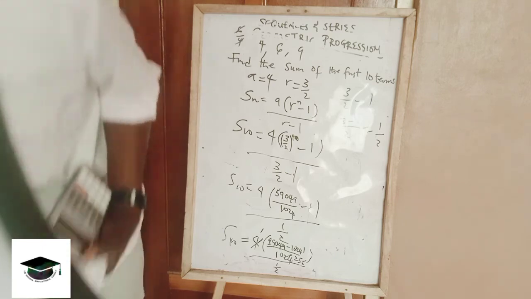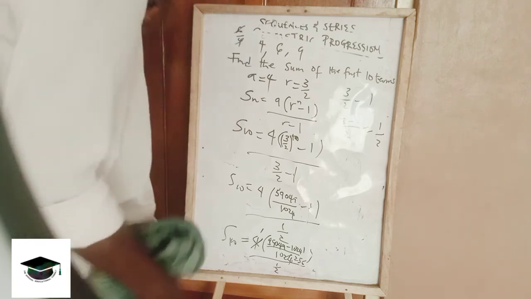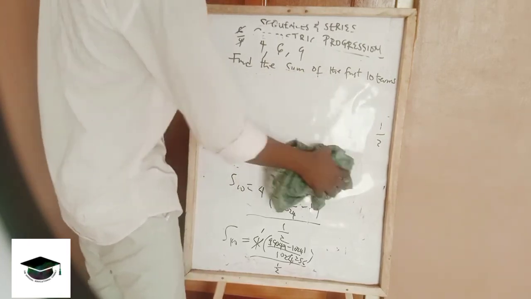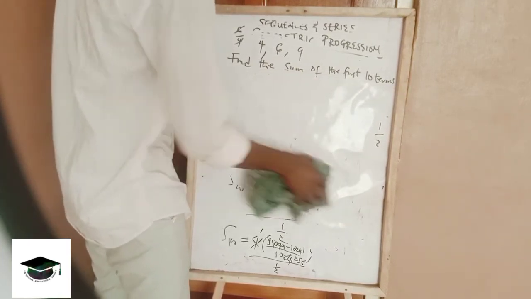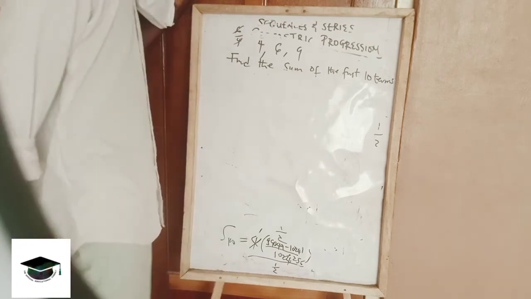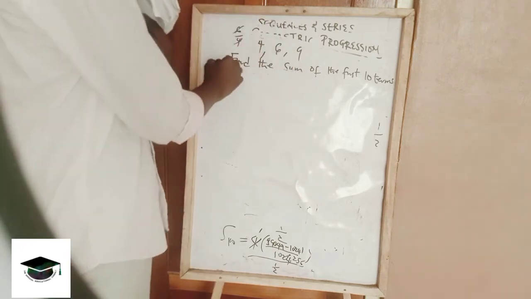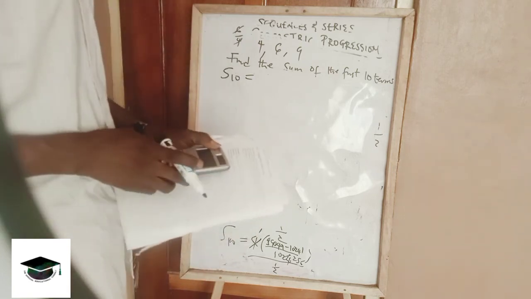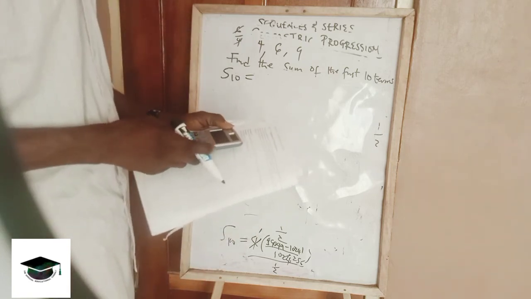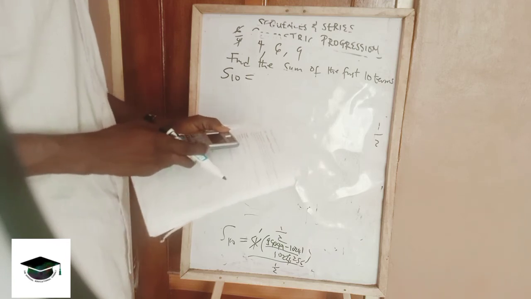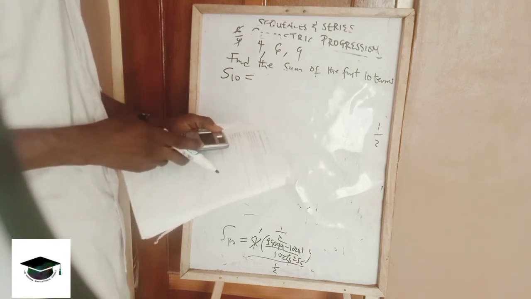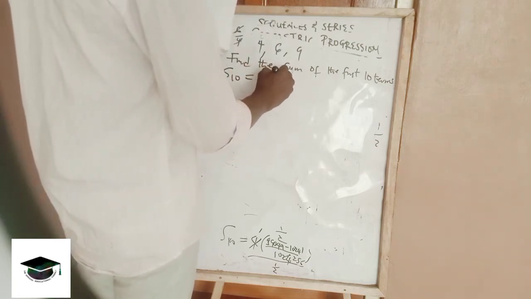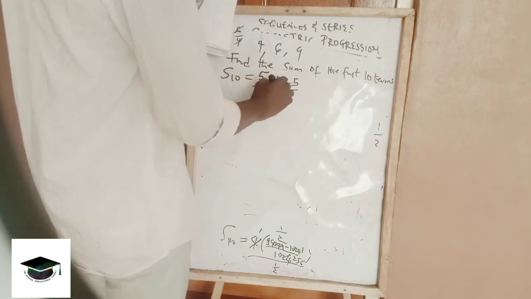So now we'll continue. Our S10 is going to be 59049 minus 1024. That'll give us 58025 over 256.